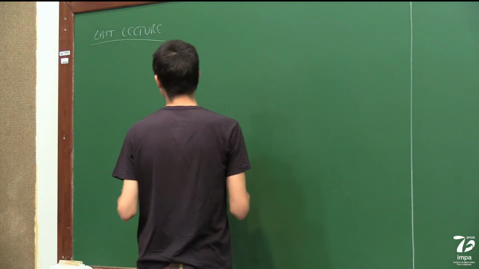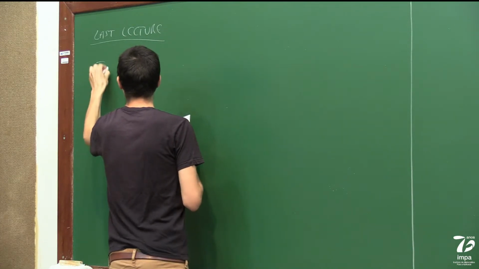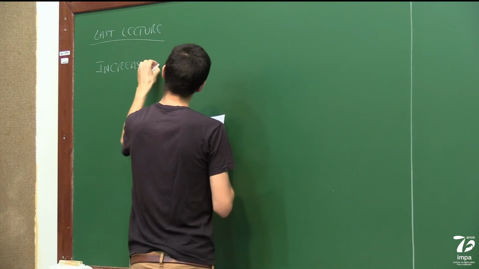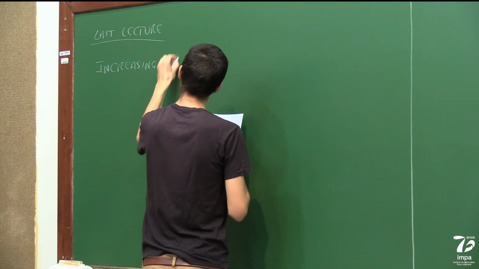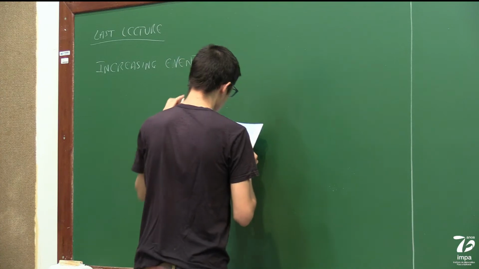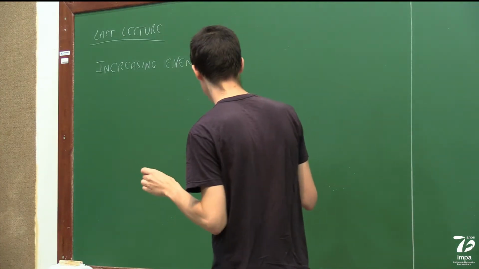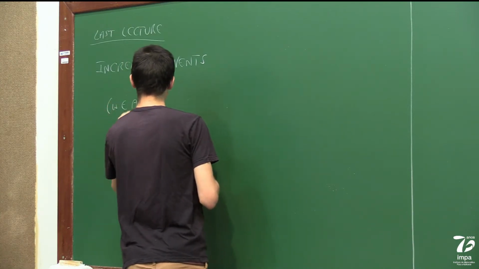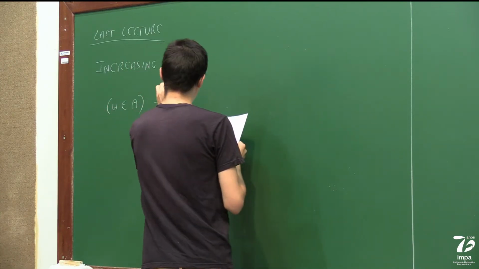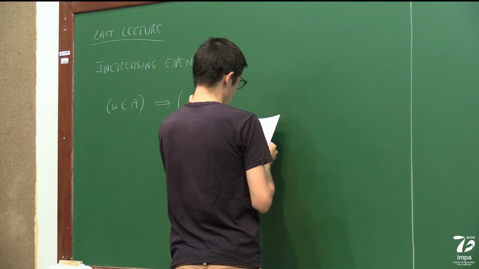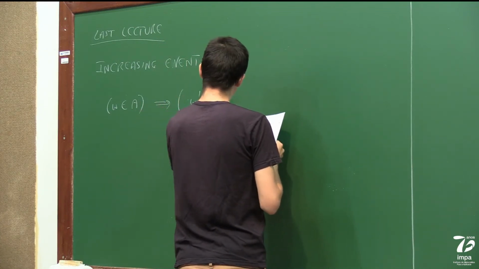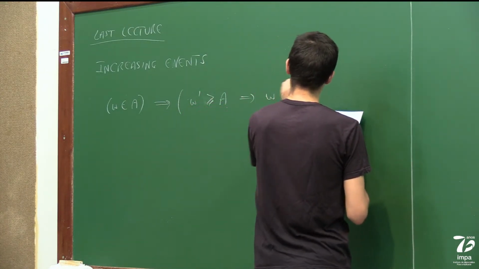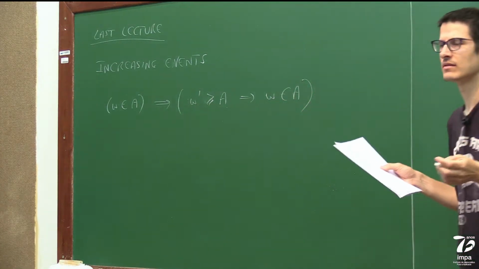Okay, so let me try to recall what we saw in the last lecture. We introduced the notion of increasing events. And the idea was that an event is increasing if adding edges to a configuration only makes it more likely to be in the event.